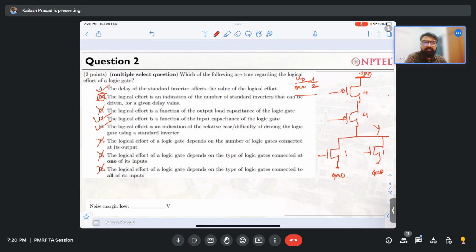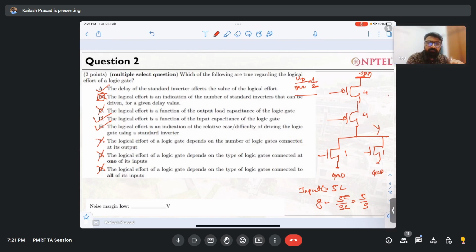Then the input capacitance is 5C and the logical effort will be 5 by 3. So G will be 5C by 3C, so it will be 5 by 3. Exactly. So can you tell me how you come up with these numbers 1 and 4?